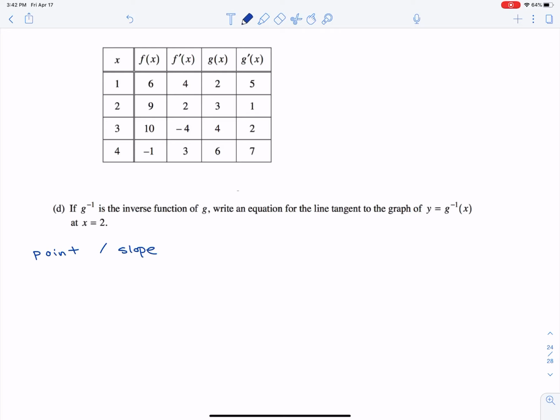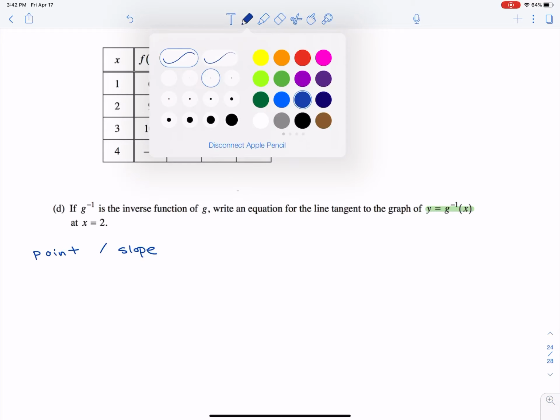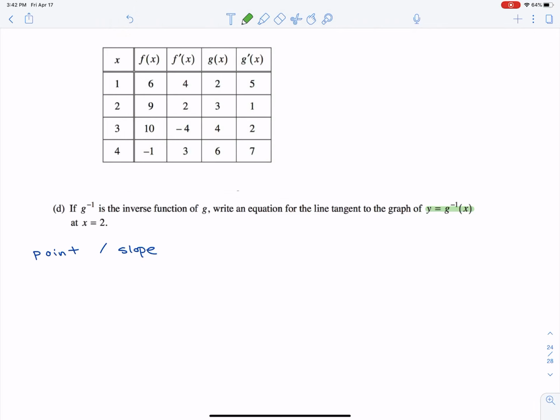So we are supposed to take this function right here and evaluate it at 2, right? So in other words, that highlighted green one, and I'm going to write this in green to help organize it. So that means this function right here, that highlighted green one, passes through the point 2, something.